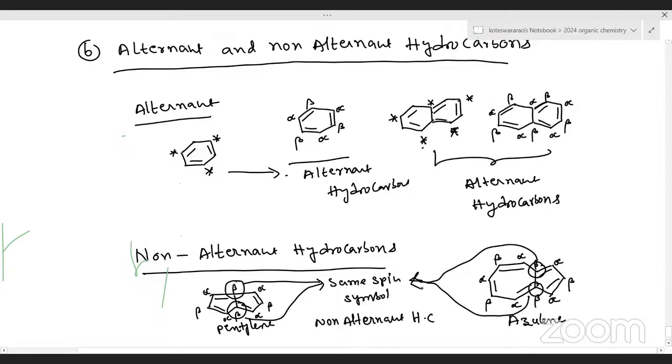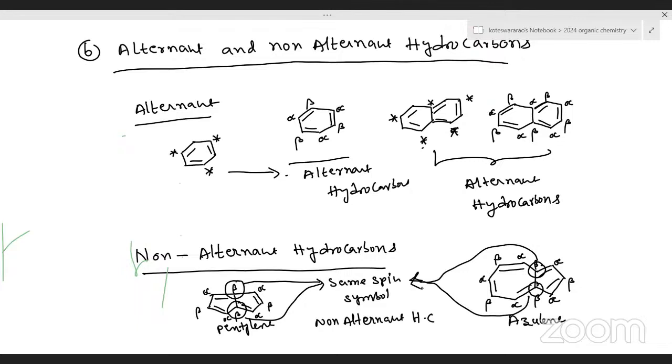Okay, this is a simple classification of hydrocarbons. Right? Next, the second topic is some exceptions in Huckel's rule. Any rule will not explain everything.